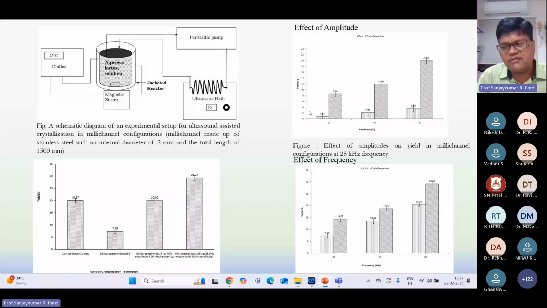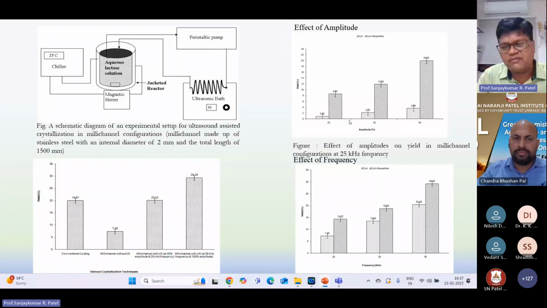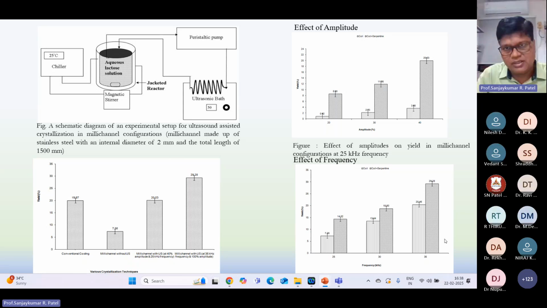With the variation of the amplitude, obviously, for both coils, the recovery is increased. By changing the frequency also, with increasing frequency, the yield is increased. So if I compare all this together on one graph, with the conventional cooling crystallization without ultrasound, passing the solution through a millichannel, and then with 40% amplitude at 25 kilohertz applied, what is happening?